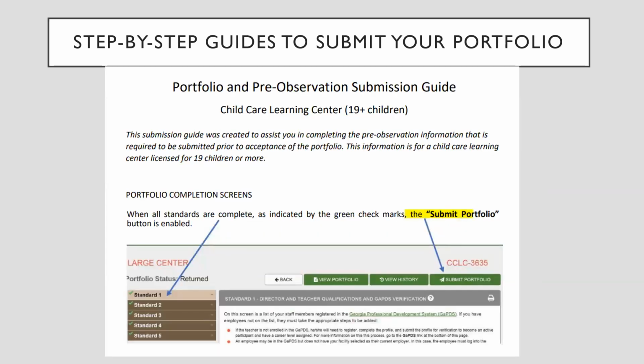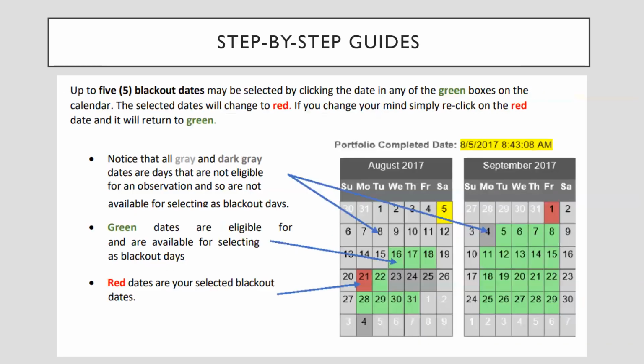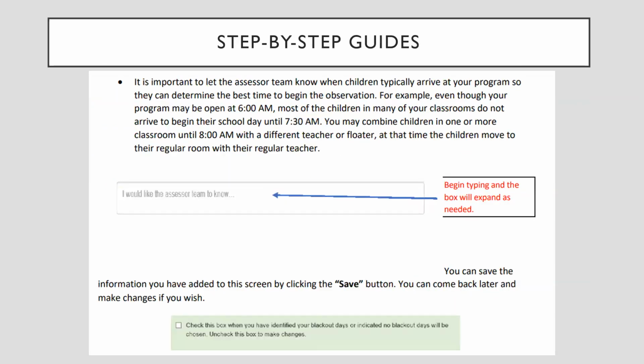Here is some information that you can find on those guides. Step-by-step guide on submitting your portfolio. How to access your pre-observation form. Selecting your blackout dates. Entering additional notes for the assessor team.